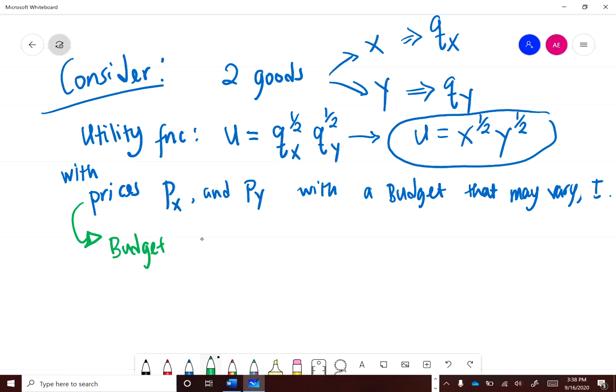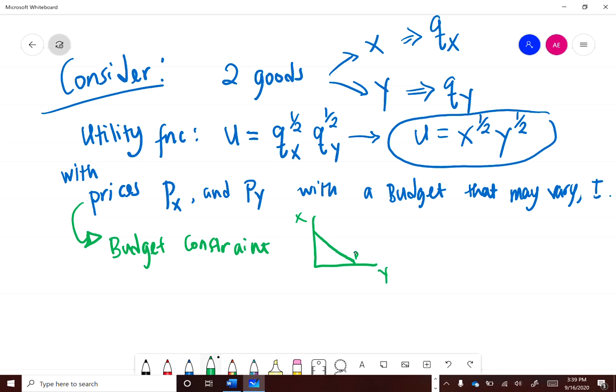Okay? The budget constraint here visually tells us the combination of good X and good Y that this consumer can afford.